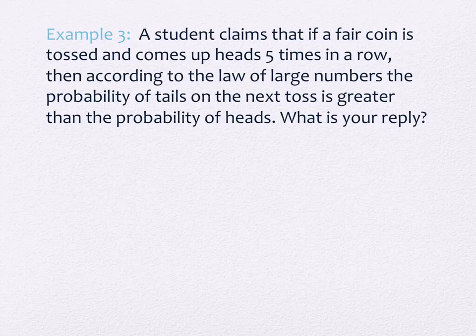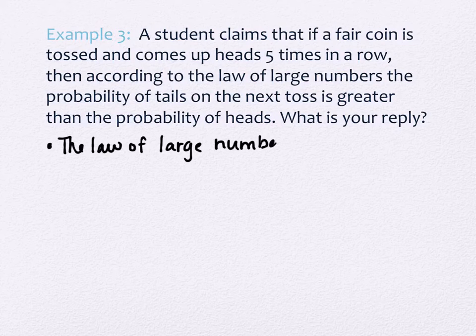I think it's worth mentioning that the law of large numbers doesn't apply. And it doesn't apply for 2 reasons. The first one is what Madison mentioned, is that 5 is not large.